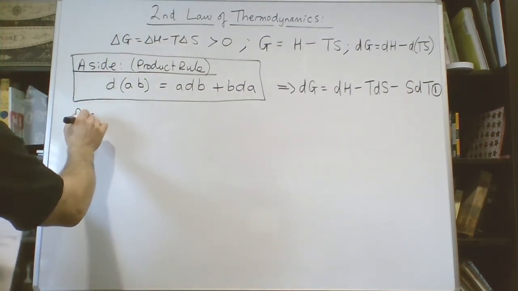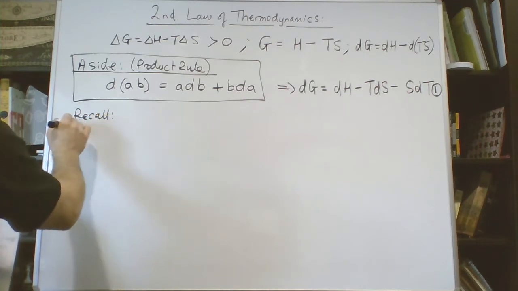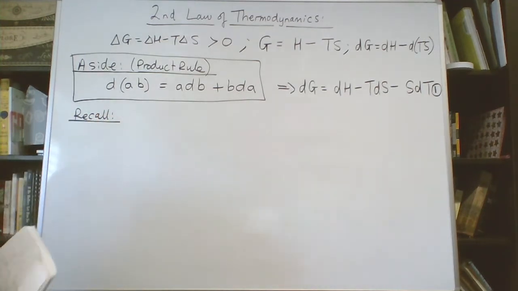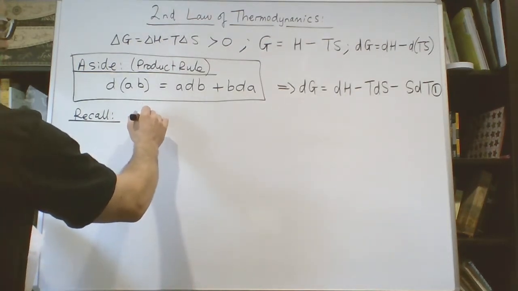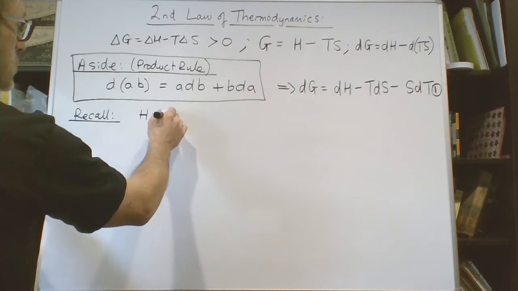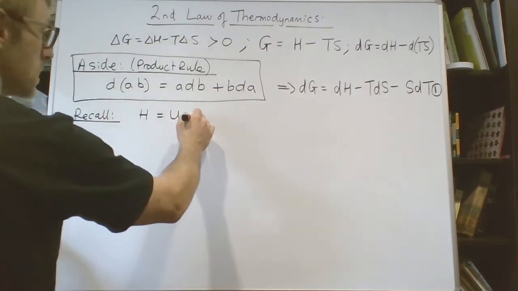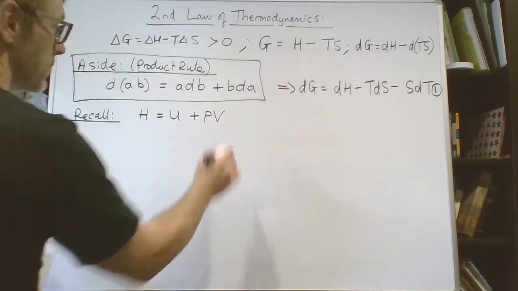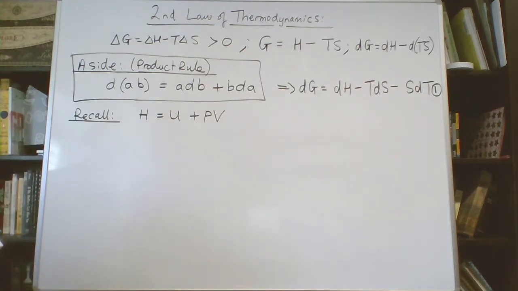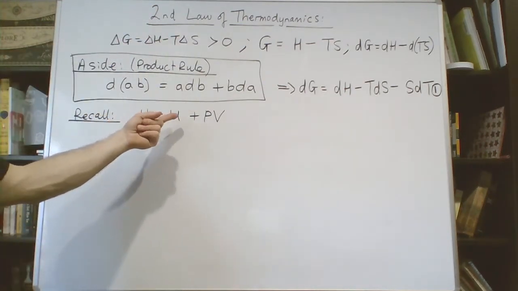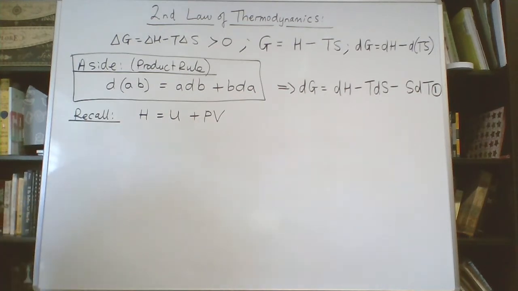Now we're going to recall an equation that you might have seen before. If you haven't seen it before, it won't be a recall, it will be a note. Enthalpy, H, is total internal energy plus pressure and volume as a product. Typically you would look at the second law in the second sequence of a general chemistry class, and you will see this equation in the first sequence, so that's why I'm referring to it as a recall equation.